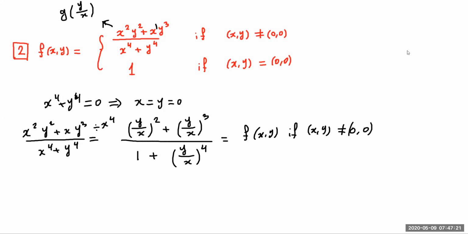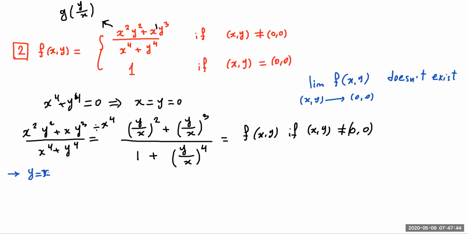Now let's prove that the limit of f(x, y) when (x, y) approaches (0, 0) doesn't exist. How? Let's take at first the line y equals x. Let's suppose that (x, y) moves on this line, y equals x, and approaches (0, 0).